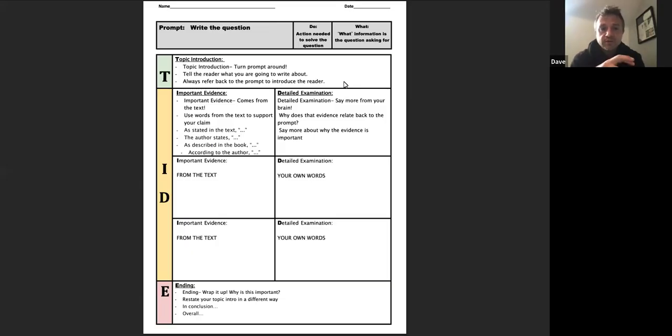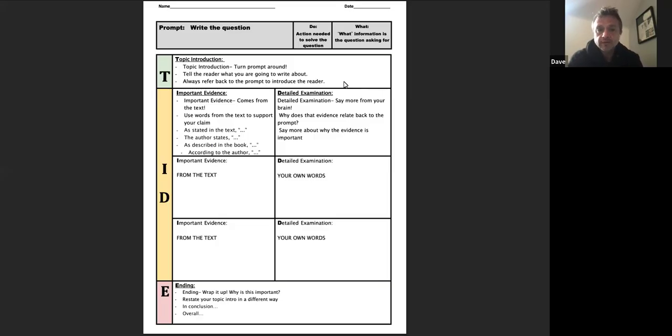So when we get down to the topic sentence, the whole point of the topic can be a topic sentence or eventually a topic paragraph, but a topic introduces what we're writing. What we're writing about is the writing prompt. They're asking me a question. The whole topic is going to be me answering that question.